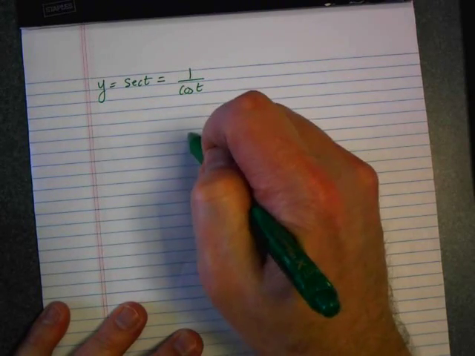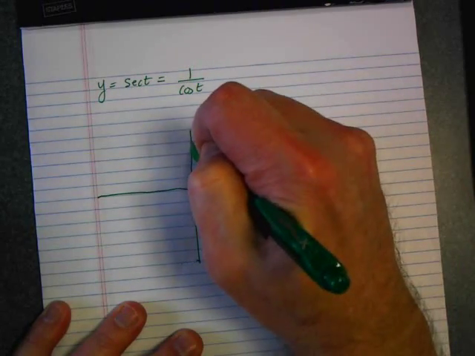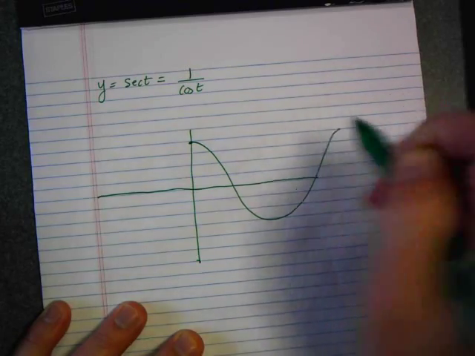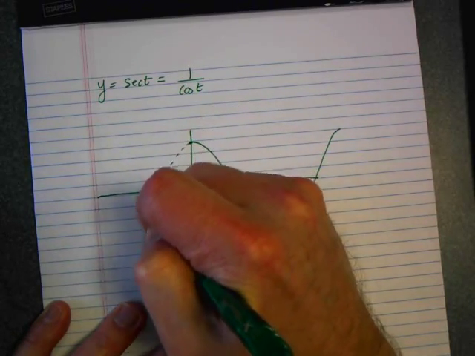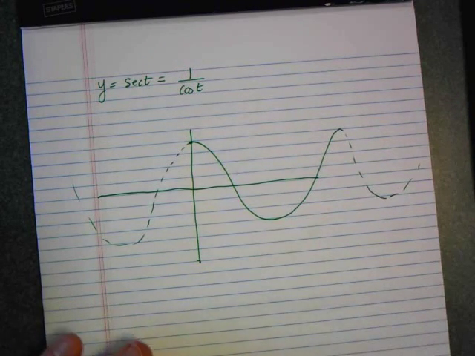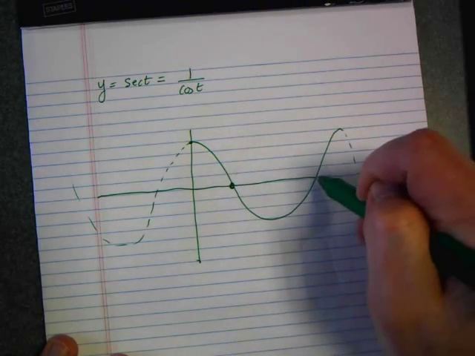Yep. So again, what I would do is begin by drawing a cosine graph. Cosine looks like so. One cycle. Where does cosine hit 0? It hits it right there and right there.